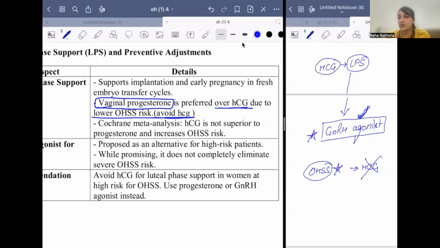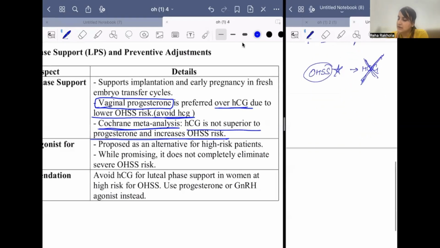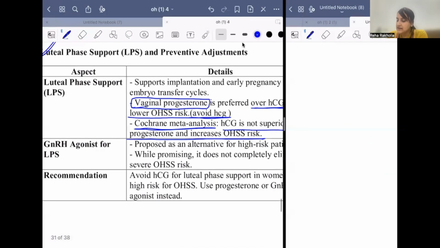But if there is OHSS risk, we have to avoid giving HCG. A Cochrane meta-analysis showed that HCG is not superior to progesterone and increases OHSS risk during luteal phase support.